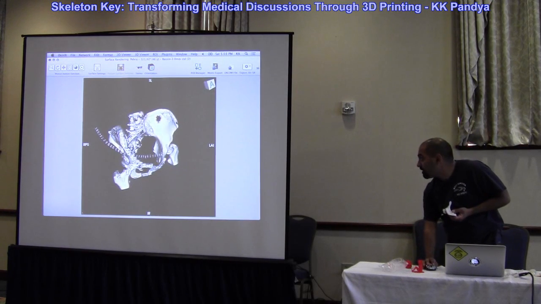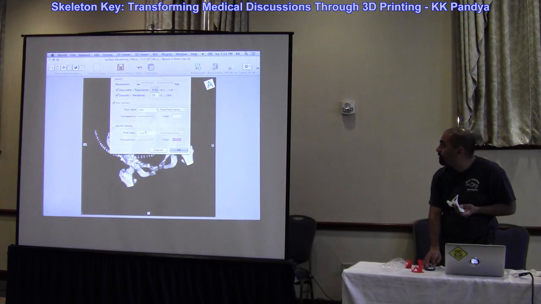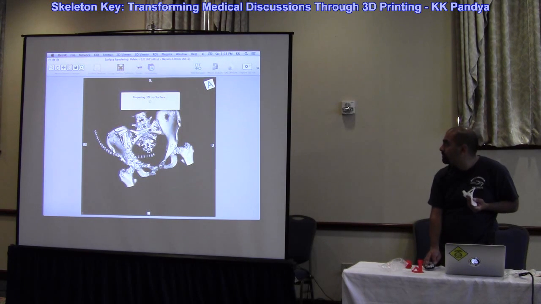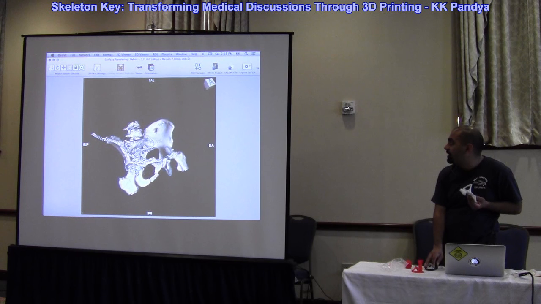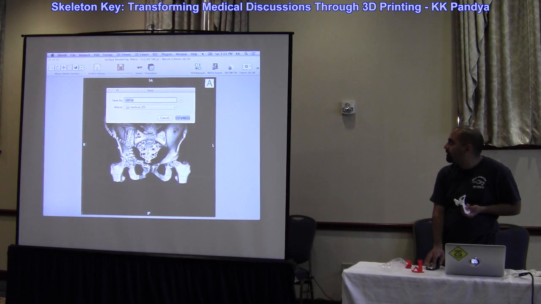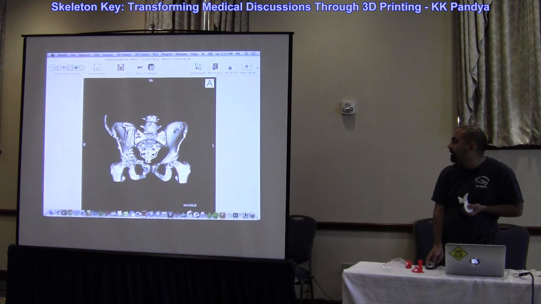The nice thing is, this was a very quick and dirty grab of defining a pixel range and building a model out of that. At this point, I'm just ballparking it at the lower end of where bone shows up on a CT. And I'd be able to export this as an STL file and open that in MeshLab, which I've been using for a fair amount of this.